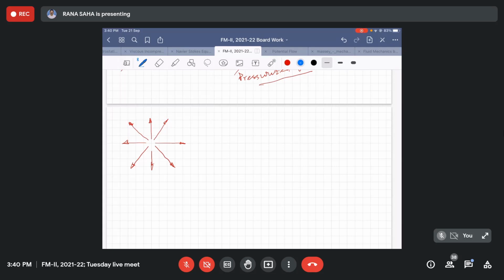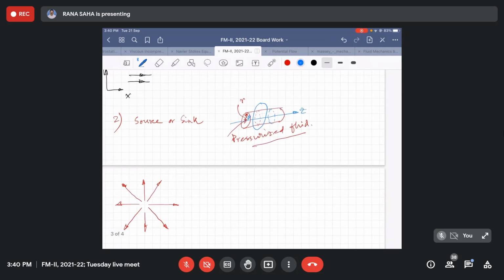So if you are having a unit length and the circumference is 2 pi r, so 2 pi r into 1, this is basically the cross section. And if you have the knowledge of the radial component, because here we are only having the radial component, that is VR, you have the volume flow rate. That is defined as M in our text.